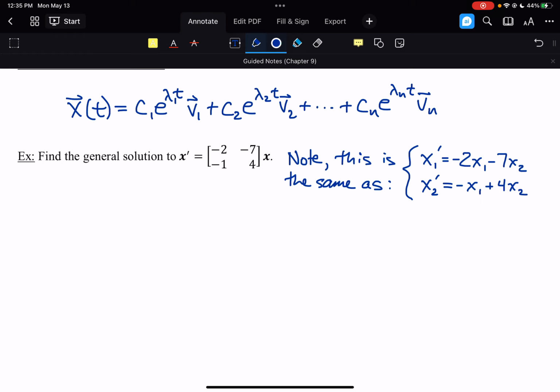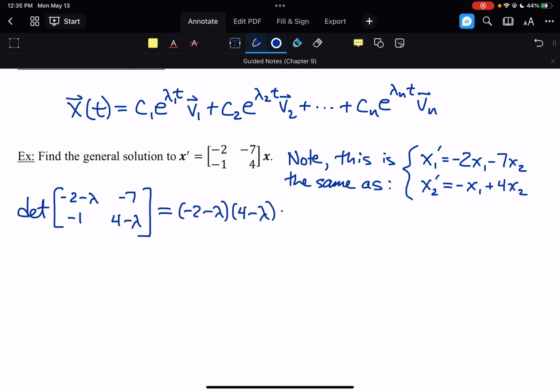But we need to find the eigenvalues and the corresponding eigenvectors. So we're going to get the determinant of A minus lambda I, so -2 minus lambda, -7, -1, and 4 minus lambda. So we'll get negative 2 minus lambda times 4 minus lambda minus 7, negative 7 times negative 1, so it's just minus 7. And we're going to set that equal to 0.